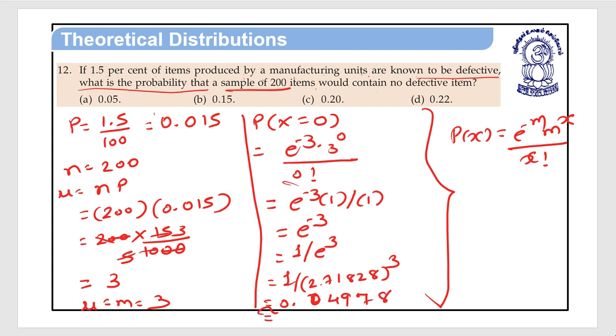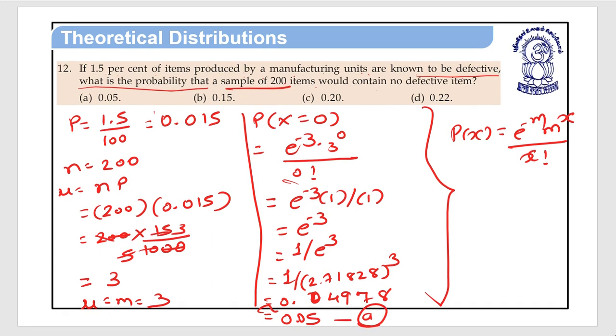So the approximate value is 0.05. That matches option A, 0.05.